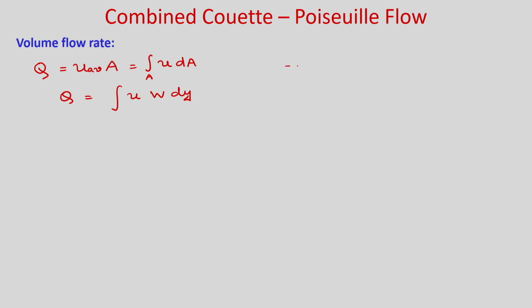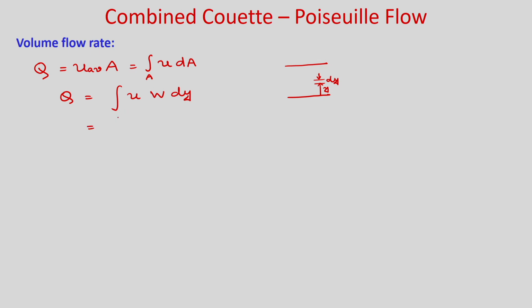Okay. So, if these are the two plates and you consider at a distance y one elemental distance dy, then dy into w, where w is the width of the plate perpendicular to this board. So, w into dy. Okay.